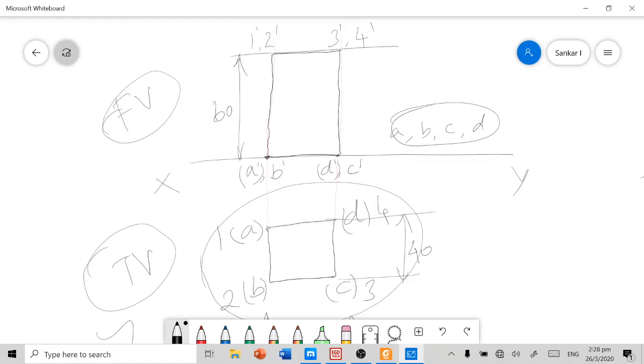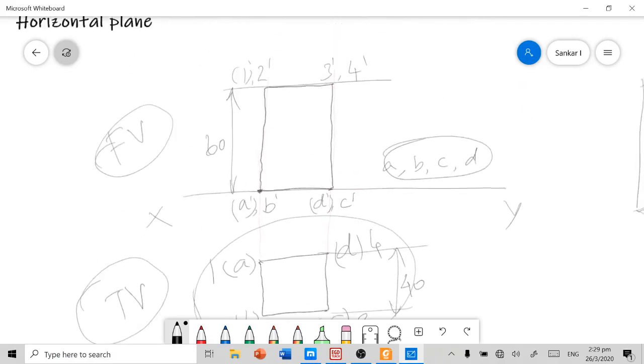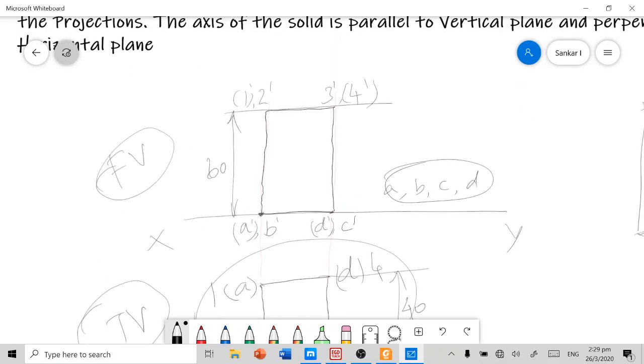Out of 1 and 2, the point 1 is hidden, so you need to give a bracket for that. And out of 3 and 4, when you look at it from the front, point 3 is visible to you, point 4 is hidden, so you need to give a bracket for 4.